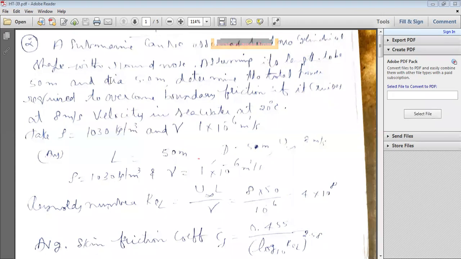Yesterday we were discussing some problems on turbulent boundary layer, the boundary layer flow or fluid flow on a plate, which may be laminar or turbulent. Laminar problems are over.